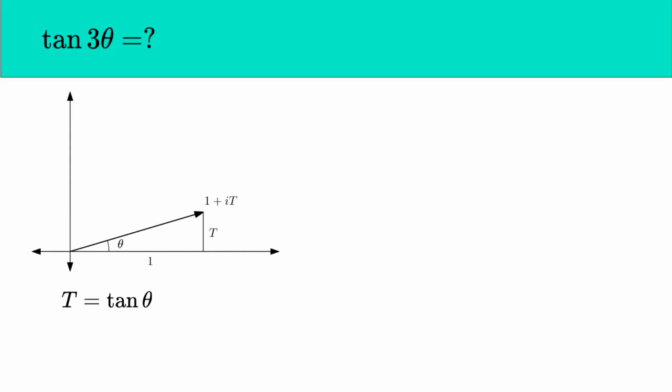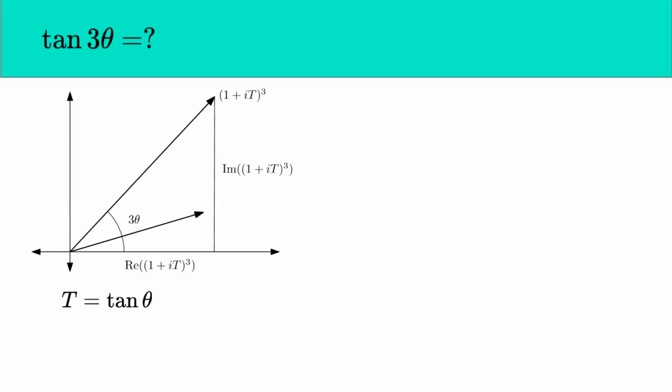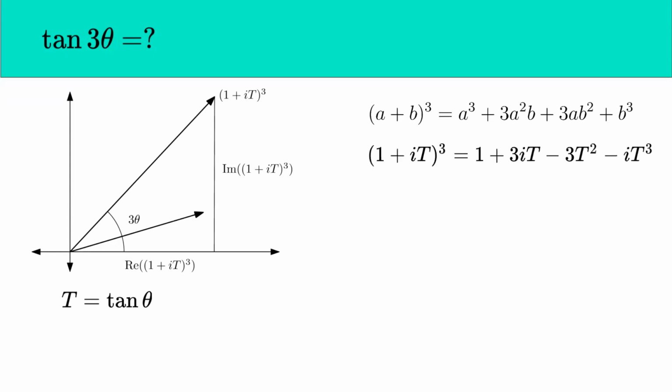If we cube 1 plus it, the new argument will be 3 times the original argument, or 3 theta. Quickly recall the formula for the cube of a sum. If we expand 1 plus it cubed using this formula, we get 1 plus 3it minus 3t squared minus it cubed.